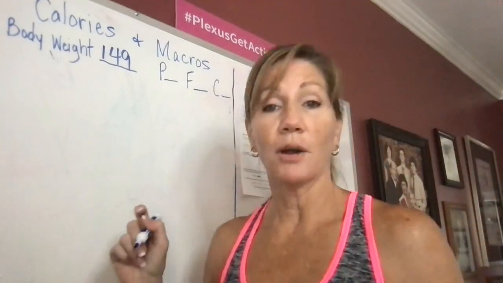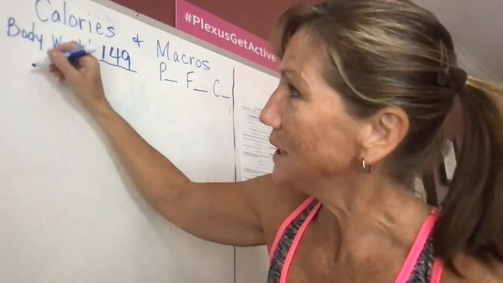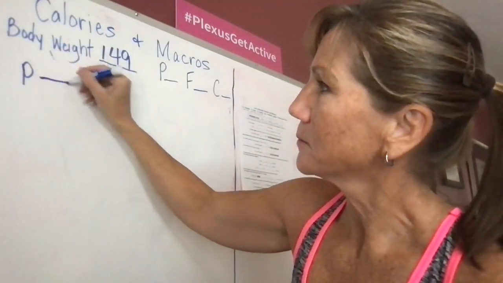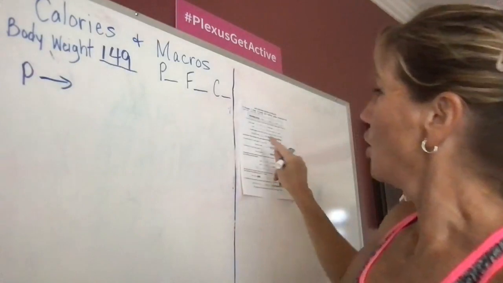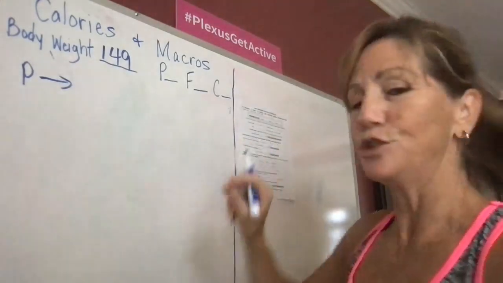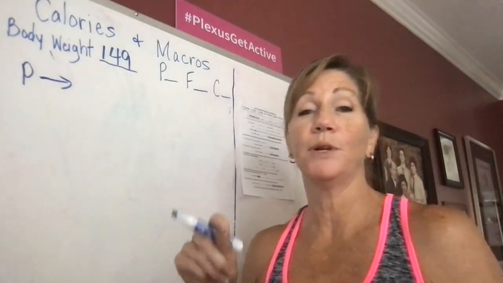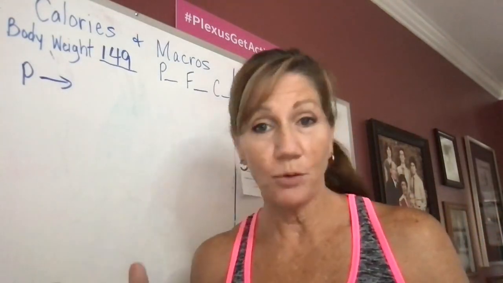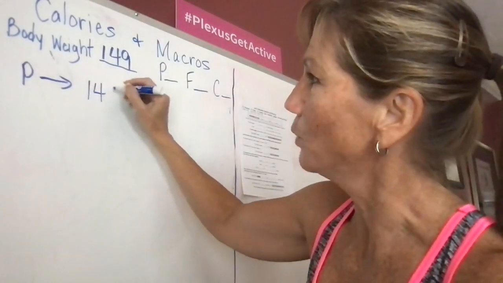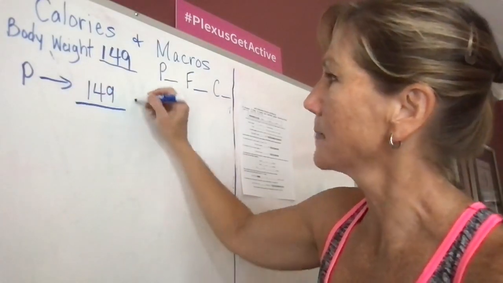To calculate how much protein we need in a day, on our worksheet, it says to calculate protein, you're going to do your body weight times 0.75. So 3/4 of a pound. So we're going to do our body weight. Mine happens to be 149. Put in yours.